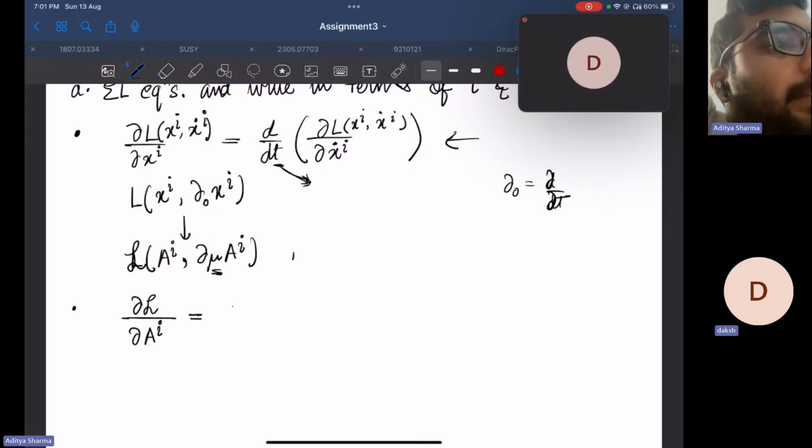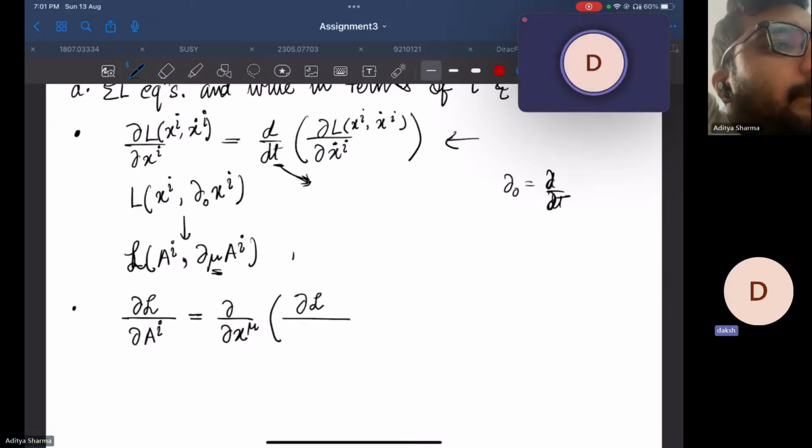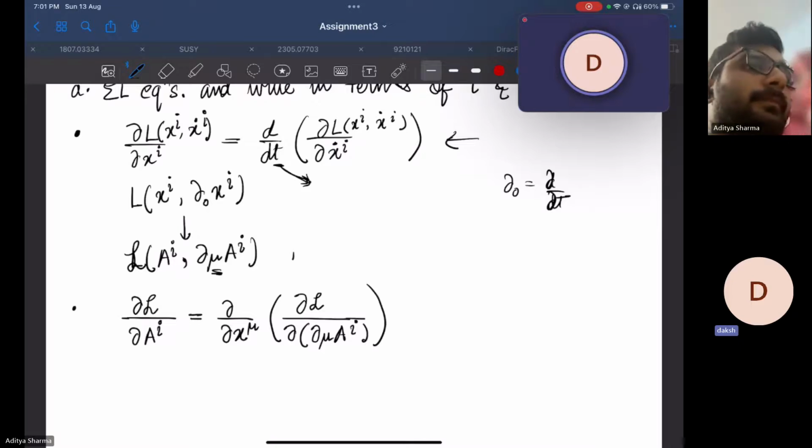So this will change as ∂/∂x^mu of ∂L/∂(∂_mu A_i). Okay, got it.